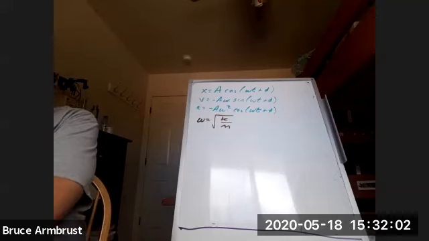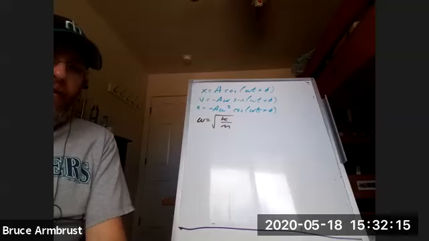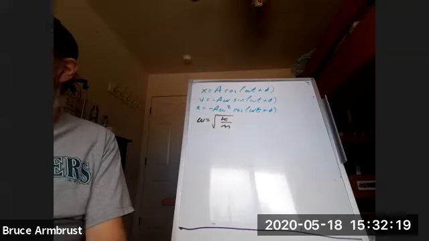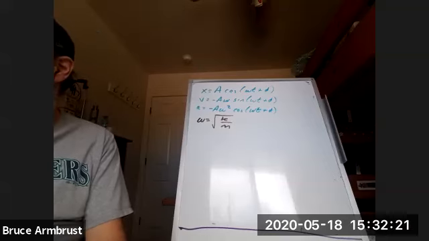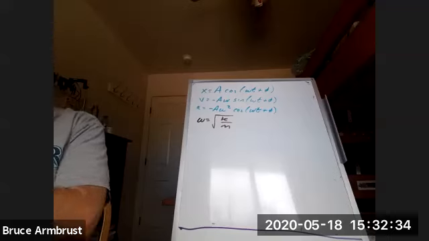Okay, so Victor said it's the change in x. Yeah, it's the greatest change in x. So it's going to be the greatest distance we get from equilibrium. And then phi, the way that we can calculate phi is by doing good old 2 pi over omega. So we can calculate that when we need.